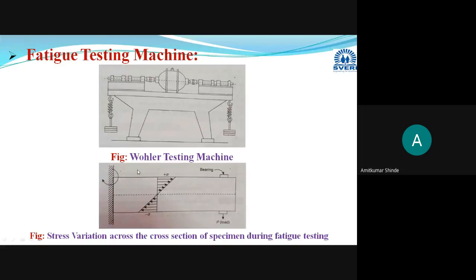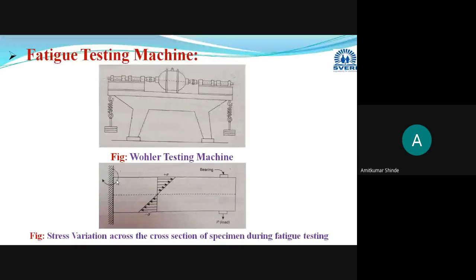Then there will be a stage. Step by step we are going to rotate the component. This will be termed as the number of rotations, and it will be denoted by letter n.